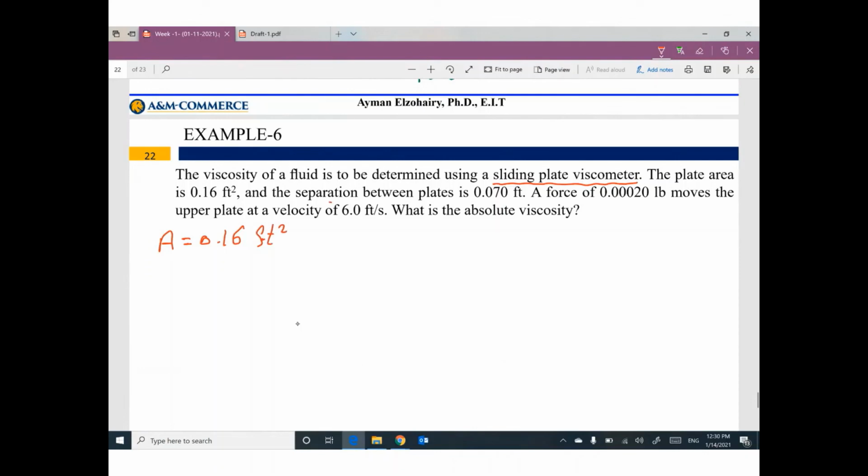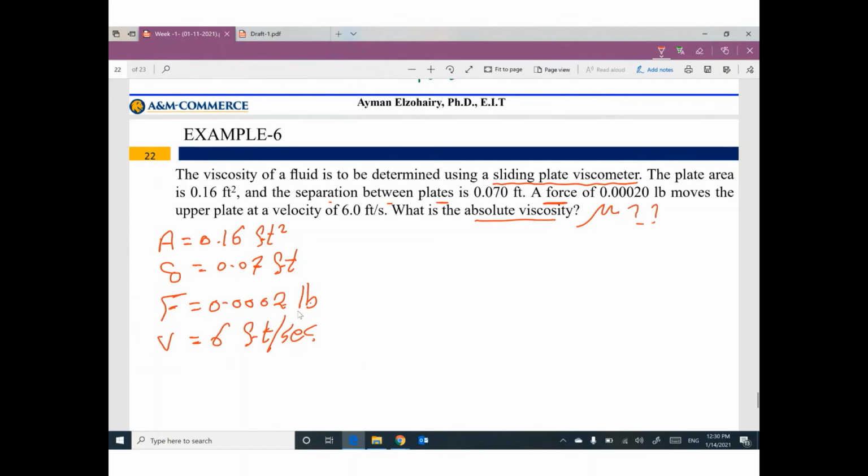The separation between plates, which is delta, equals 0.07 feet. We have a force of 0.0002 pound that moves the upper plate at a velocity V equal to 6 feet per second. What is the absolute viscosity mu?